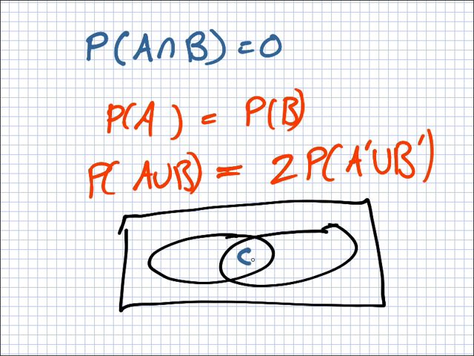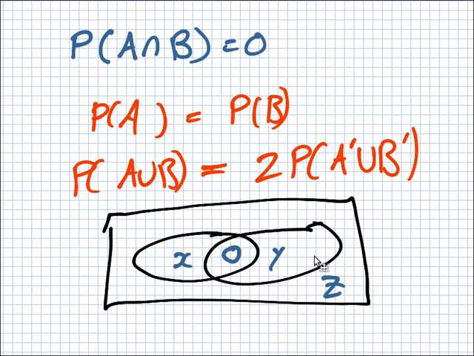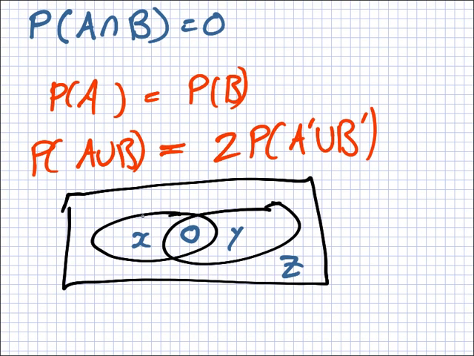So this here is 0, okay? And we'll call this X and this Y and this Z. We know that P(A) equals P(B), so that means X equals Y. So I've used that and that. This one I still have to use now. So A or B is 2X, isn't it?